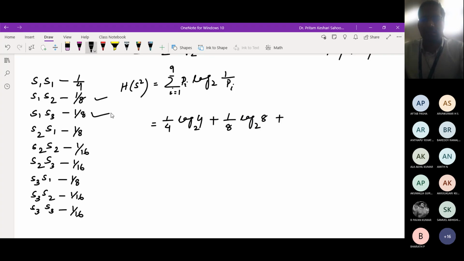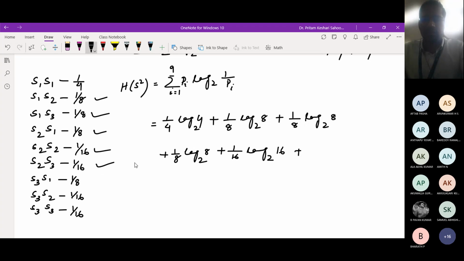Then this one the same, 1 by 8 log base 2 of 8, plus this one again 1 by 8 log base 2 of 8, plus this one 1 by 16 log base 2 of 16, plus this one 1 by 16 log base 2 of 16, plus this one 1 by 8 log base 2 of 8, plus this one 1 by 16 log base 2 of 16, and the final one is also 1 by 16 log base 2 of 16.